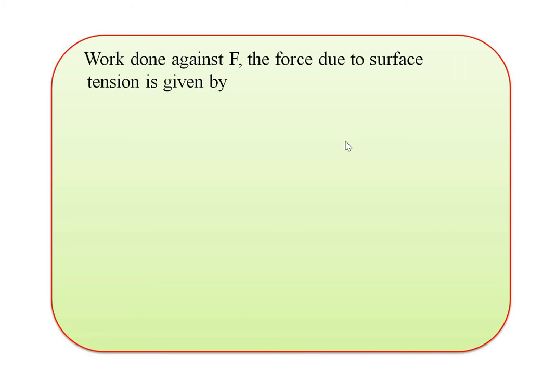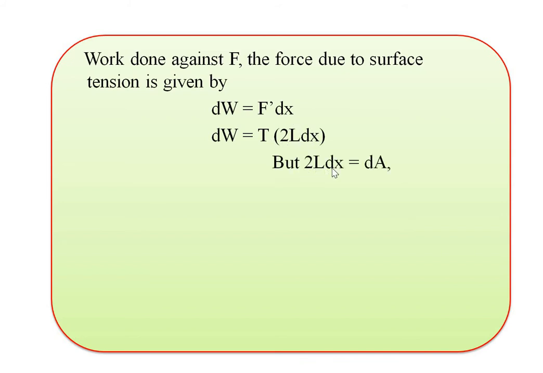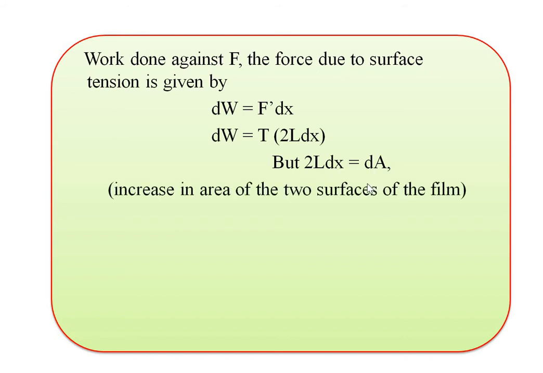The work done against the force F, the force due to surface tension, is given by, as we know, work done equals force into displacement. That means dW equals F dash into dx. Putting the value of F in this equation, we get dW equals T times twice L into dx. But twice L dx equals dA, which is the increase in the area of the two surfaces of the film.